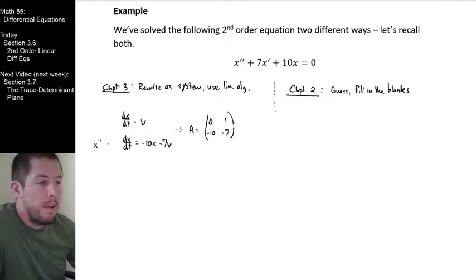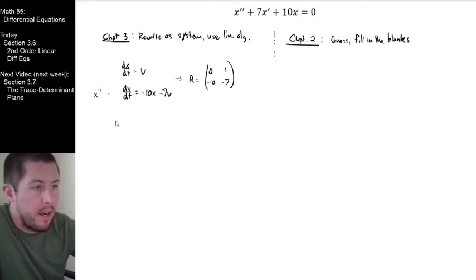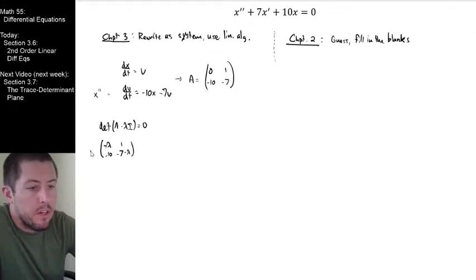From here, we were able to do the linear algebra math associated with this. We're going to find our eigenvalues by taking the determinant of A minus lambda I and setting it equal to 0. That gives me negative lambda, 1, negative 10, negative 7 minus lambda. The determinant of this should be equal to 0. That gives me lambda times lambda plus 7, plus 10 is equal to 0.